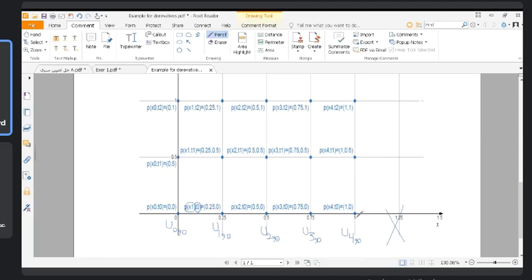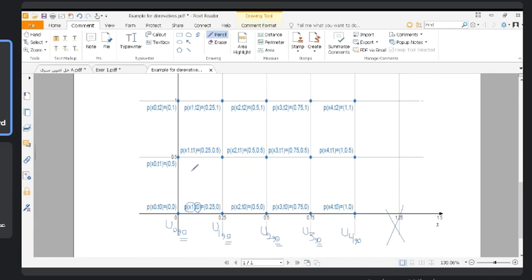If you pay attention to this row, the second index is only 0: 0 0, 1 0, 2 0, 3 0, and 4 0.